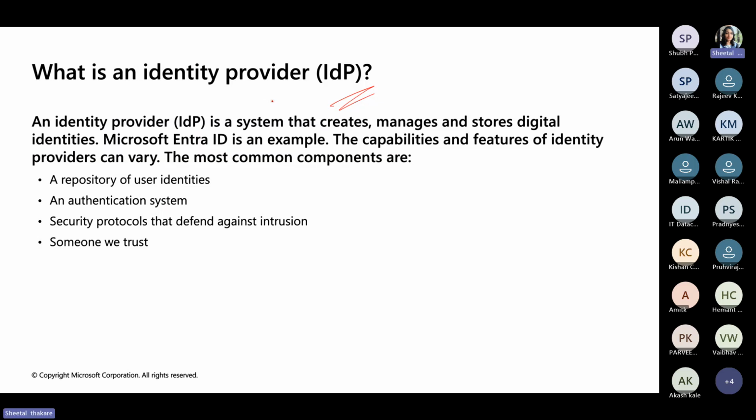So the Microsoft solution for this identity is Microsoft Entra ID. This means you make an entry to your corporate environment with the secure identity. How do you access Microsoft Entra ID? Entra.microsoft.com.